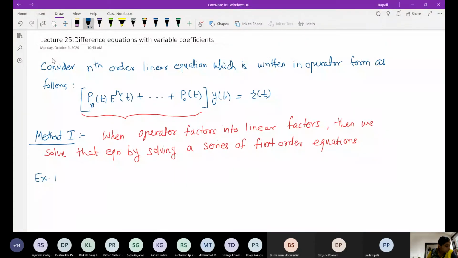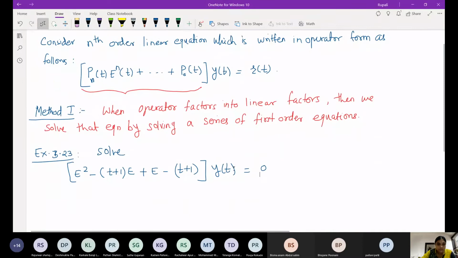For example, example 1 or 20: the equation E squared minus (t plus 1) E plus (E minus (t plus 1)) operated on y(t) is equal to 0.